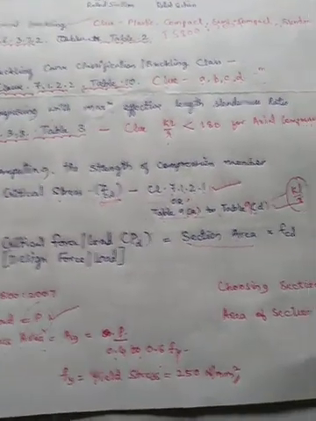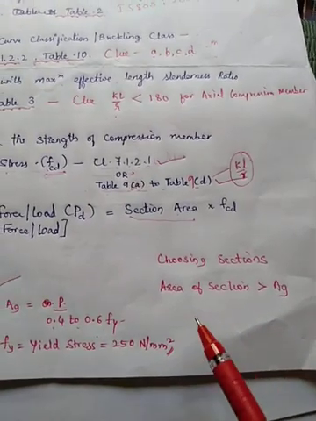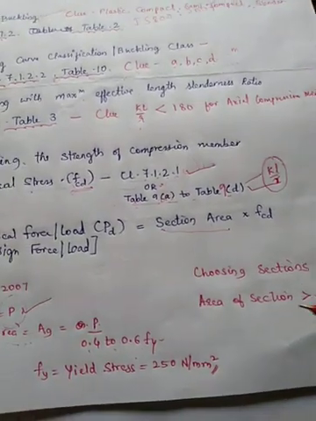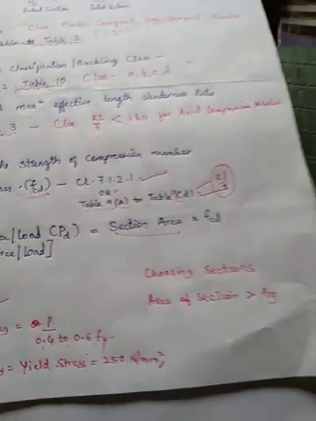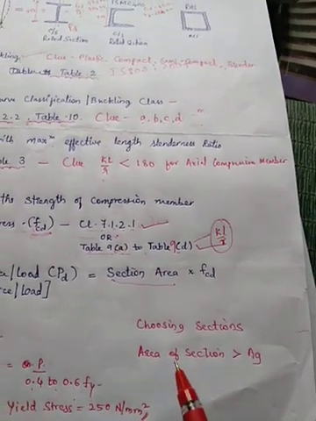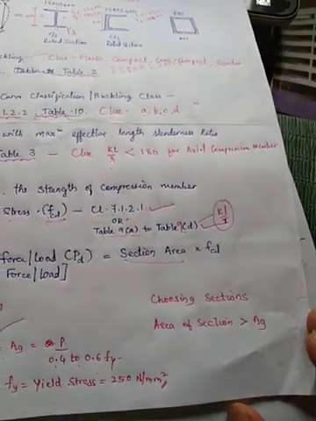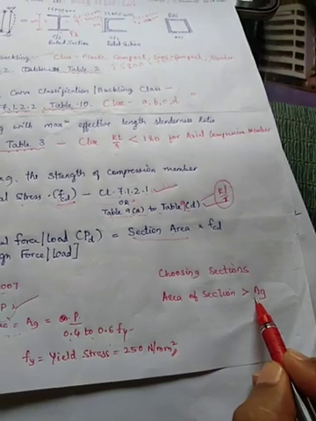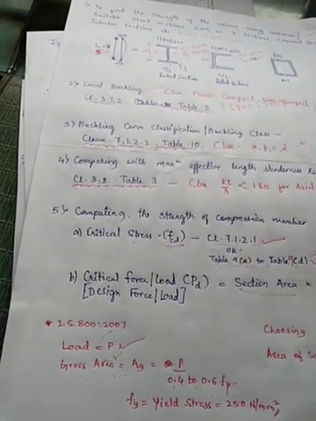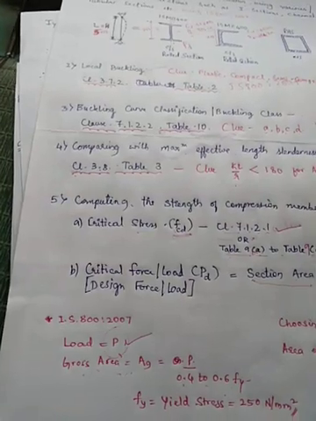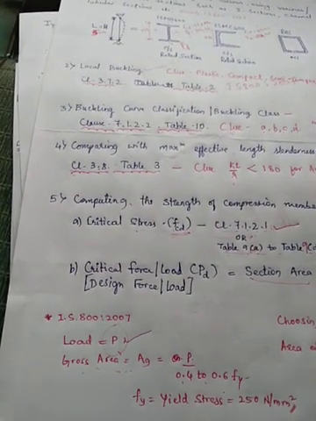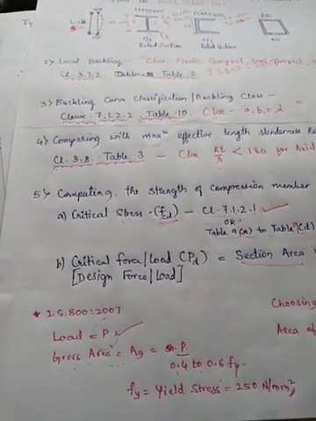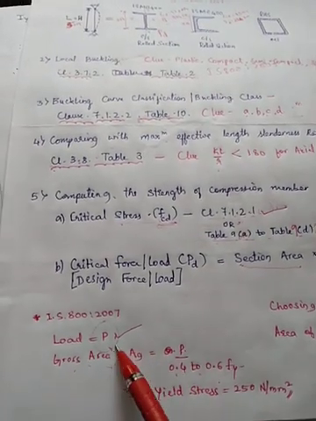So we will choose the section based on this gross area, which should have a higher area than this gross area. This is the step we will add to choose the section if the load is given.